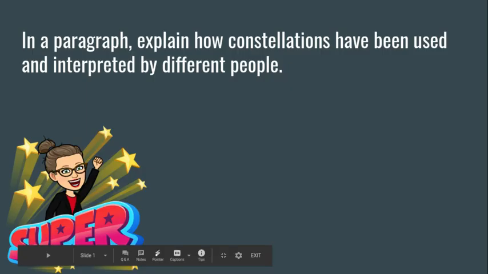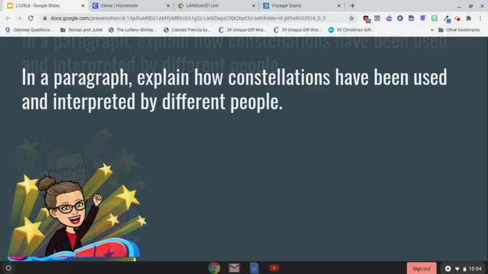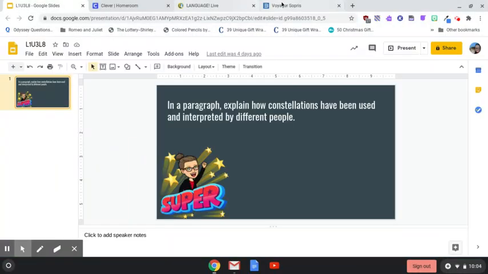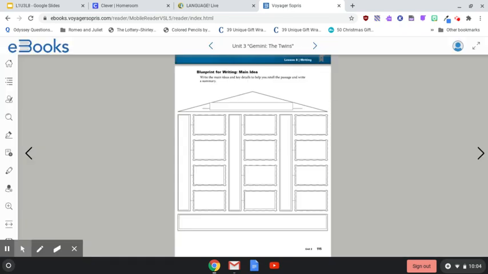Here is our prompt. In a paragraph, explain how constellations have been used and interpreted by different people. What is the topic you will write about?